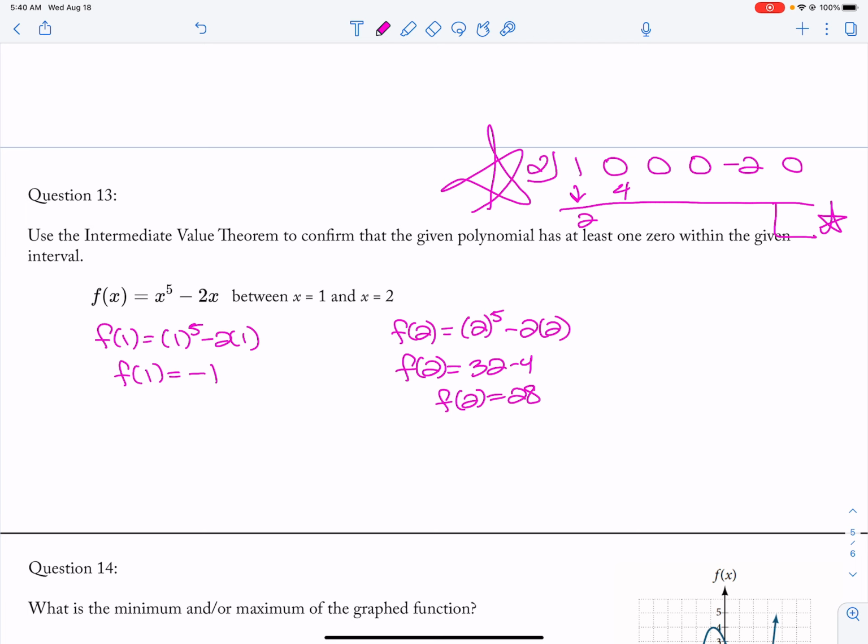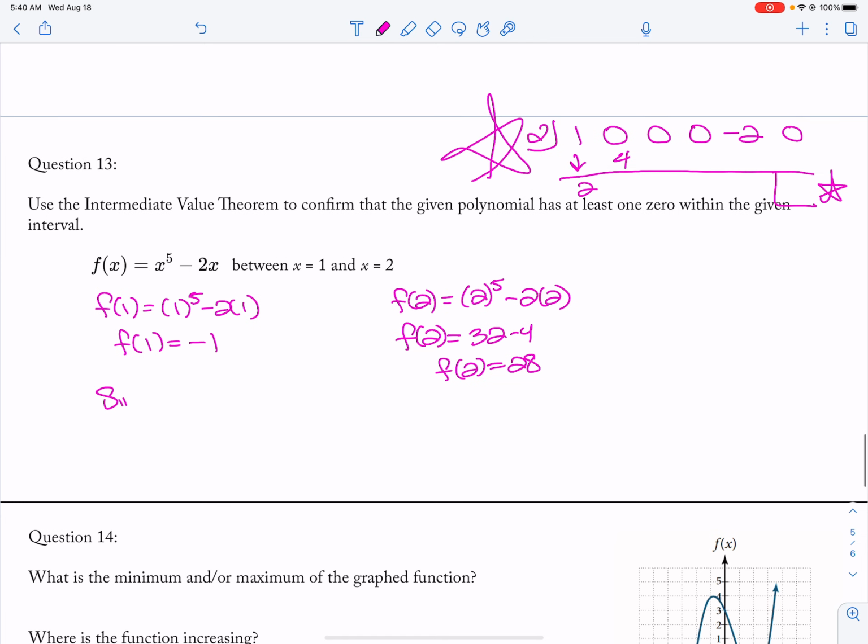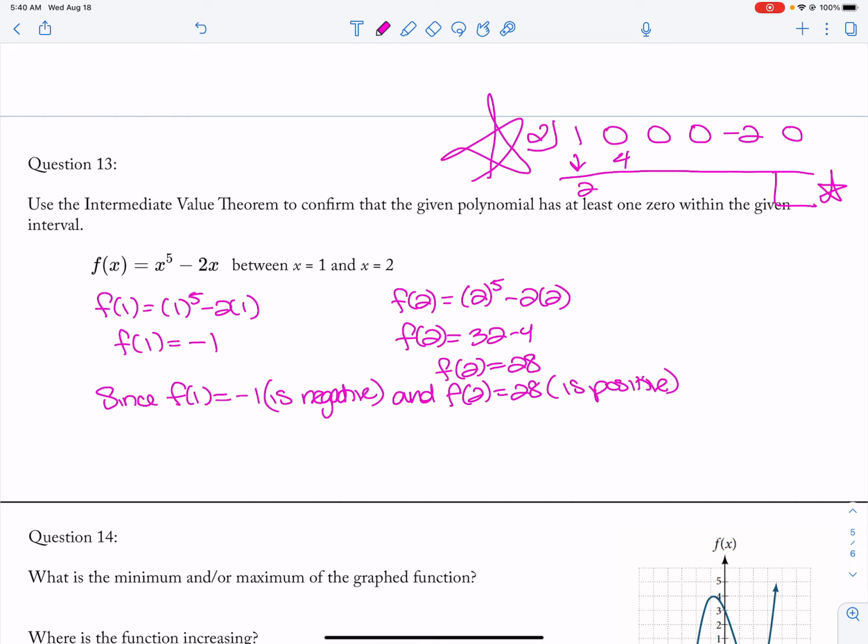And yes, by the intermediate value theorem, since f of 1 is negative, and f of 2, which is 28, is positive, there must be at least one spot where the graph crosses the x-axis.